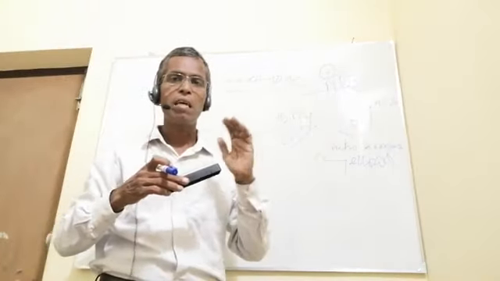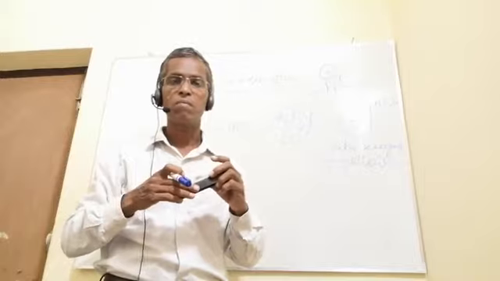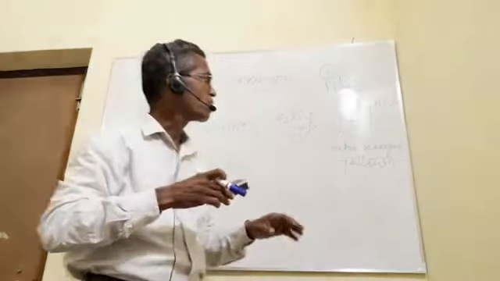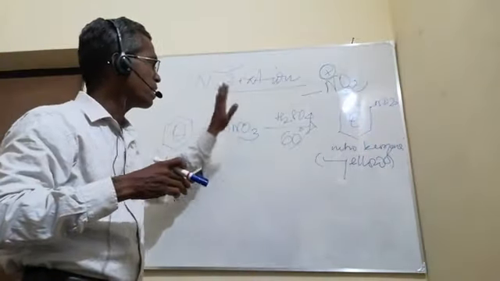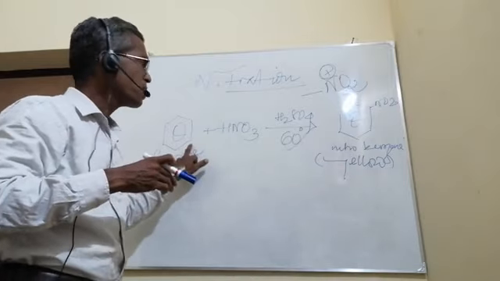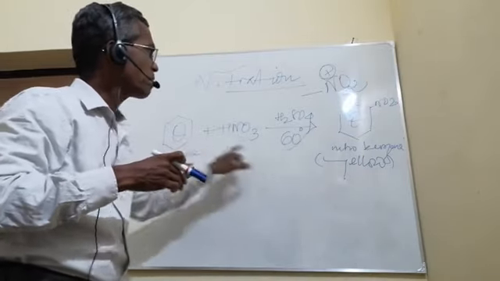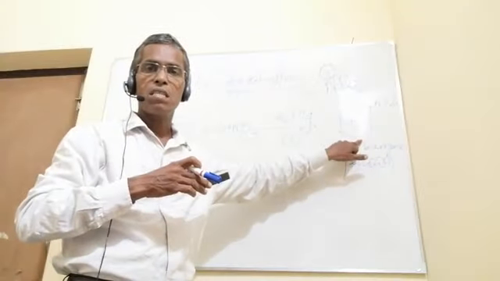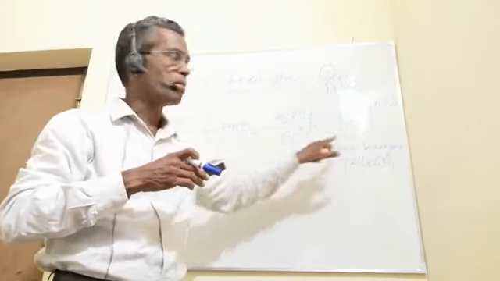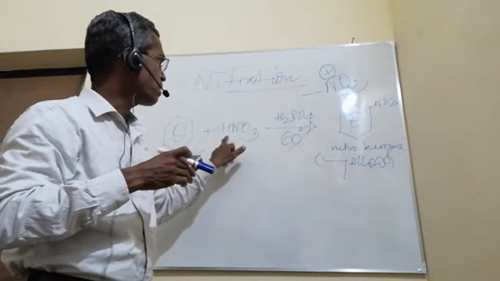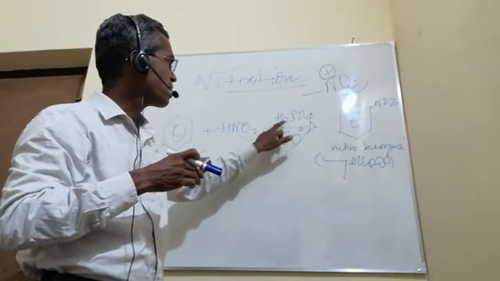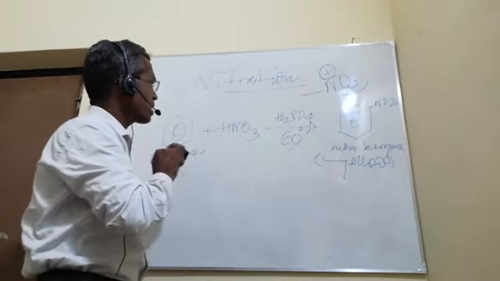It is the right time to discuss the mechanism of nitration of benzene. Since we are using benzene, this reaction is nitration of benzene. When you nitrate benzene, the product is nitrobenzene. Always remember, benzene is treated with a mixture of concentrated nitric acid and concentrated sulfuric acid.